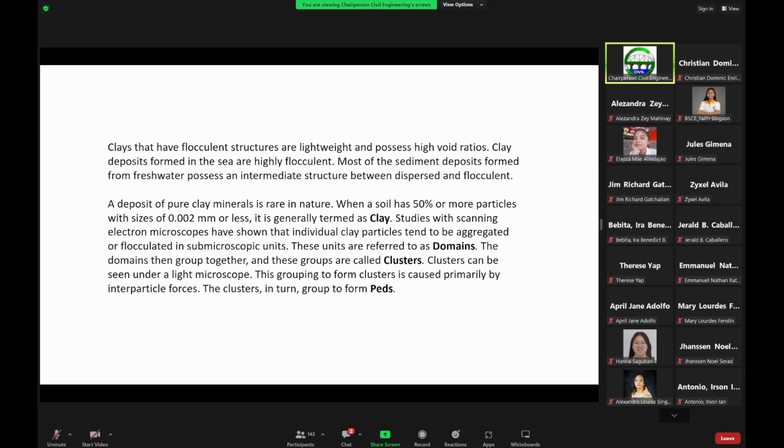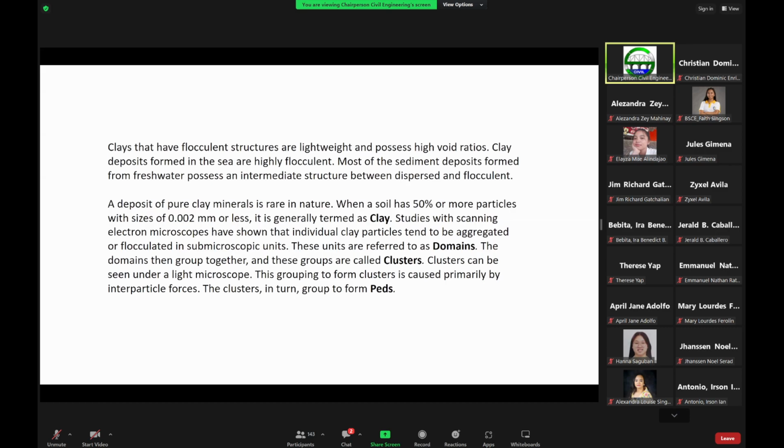Clay deposits formed in the sea are highly flocculent. Most of the sediment deposits formed from fresh water would possess an intermediate structure between a dispersed structure and a flocculent structure, giving lower void ratios.